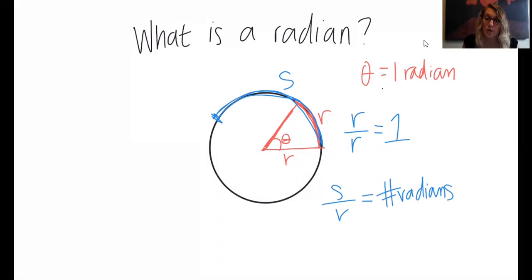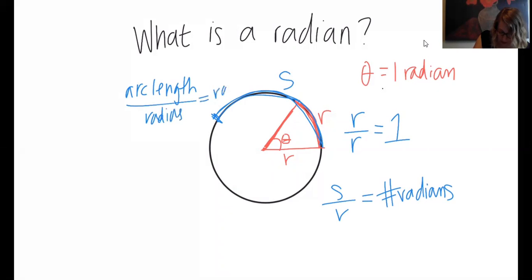Okay, I promise this will make sense eventually. Hang with me. So arc length, however long the arc is, divided by the radius, tells you how many radians that angle is.